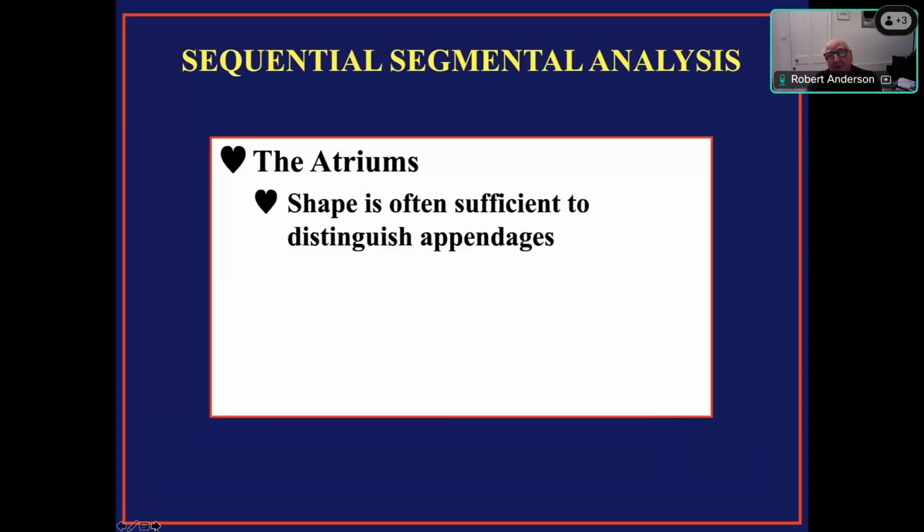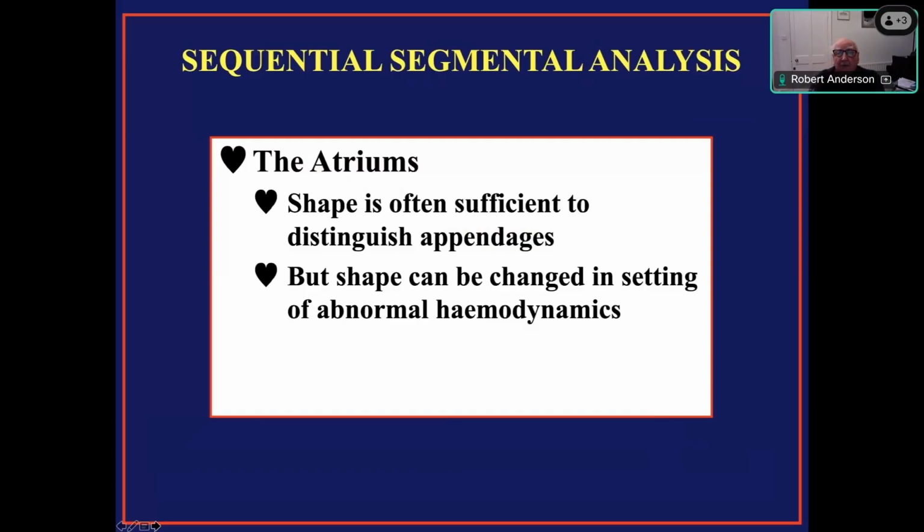So in most instances, shape is sufficient to distinguish the appendages. But Richard Van Praagh again was not happy with this approach, because he pointed out that shape could be changed by abnormal hemodynamics.